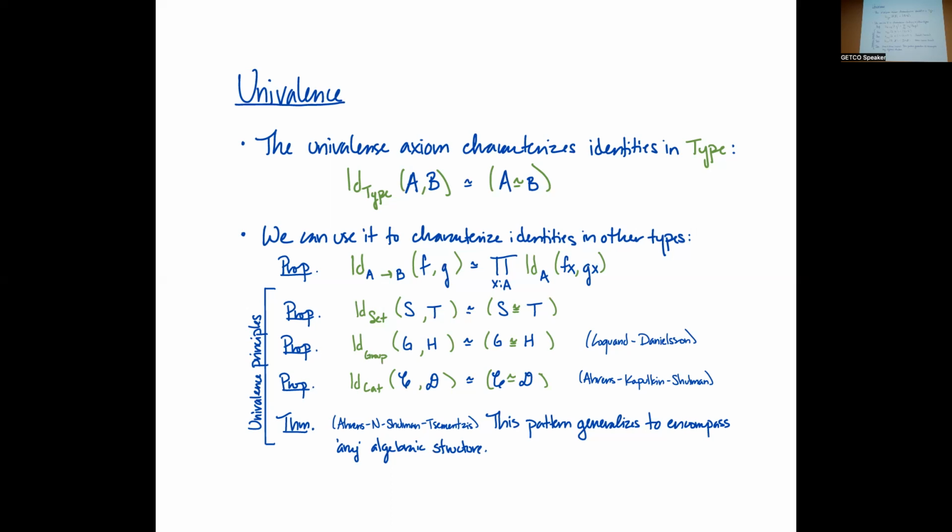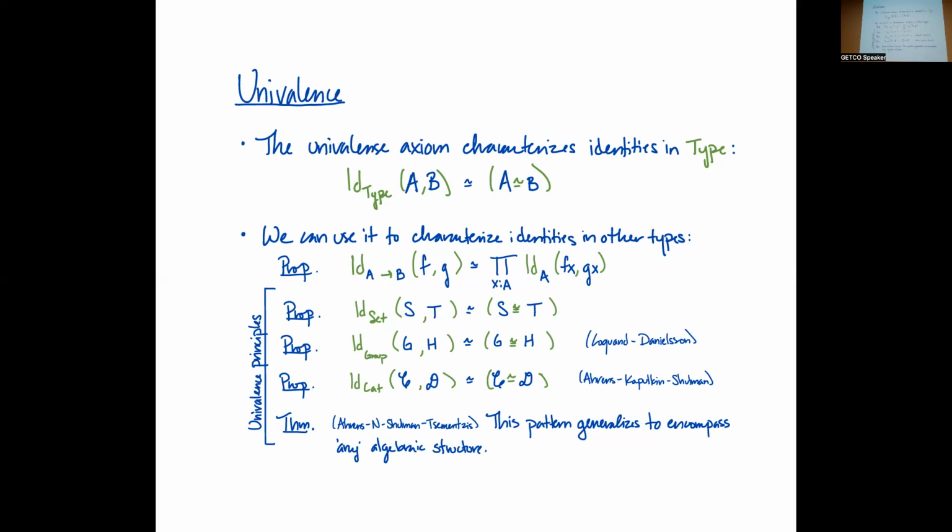Okay, so I want to say that if we assert that the identity type from A to B is equivalent to the type of equivalences from A to B, then it implies these other things. In particular, the identity type between two functions is the same as this pointwise identity between the functions.